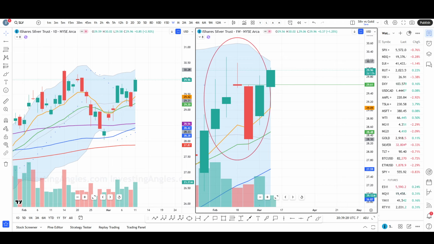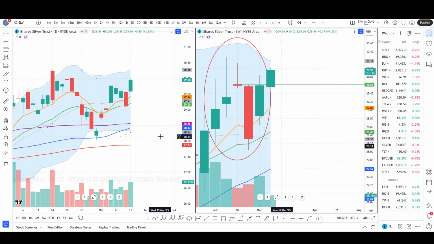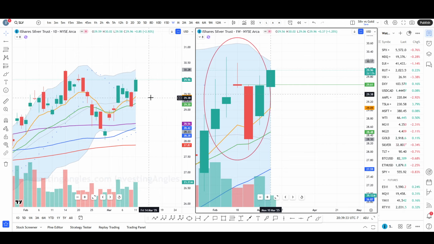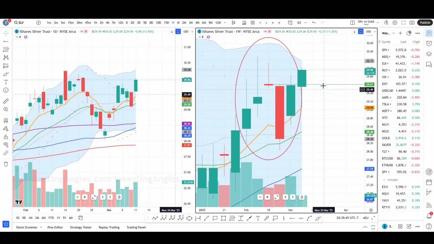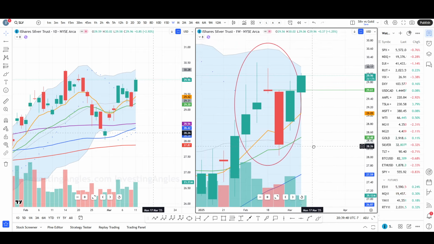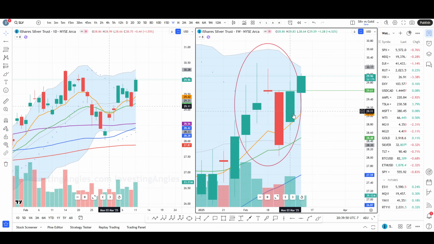And the final one I'd like to have a look at is SLV candles. Today we have a daily bullish candle after a very strong bearish one yesterday. But the question is whether it's going to be continued or not. I would like to bring this again to your attention. This was a failure on the weekly frame. SLV failed to close above this green line by just a few basis points, 2 or 3.